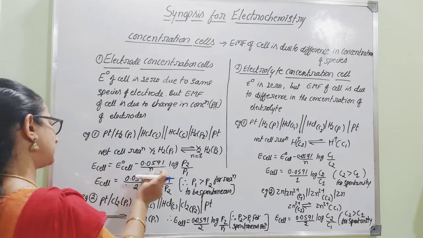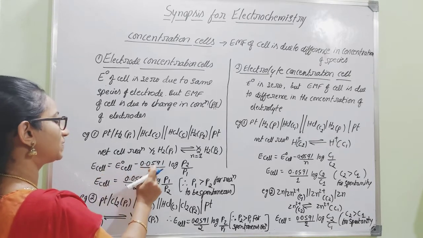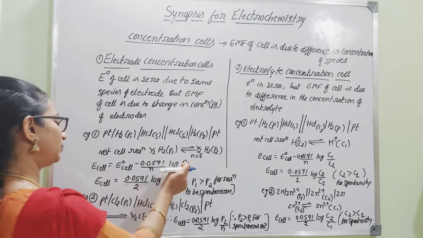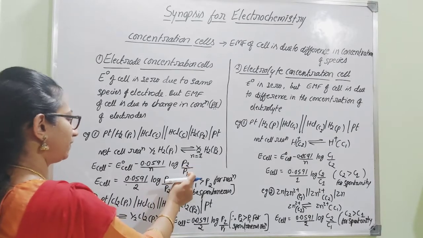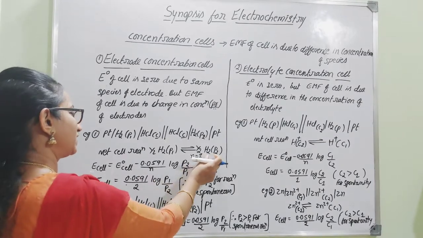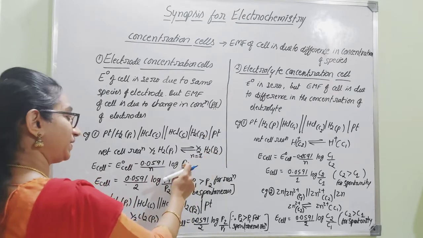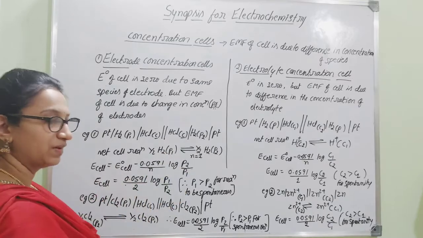If you write this equation, E cell is equal to E naught cell minus 0.0591 by n log of P2 by P1. Why do you write P2 by P1? Because we first consider the right-hand side, where the pressure is P2, and below we consider the left-hand side, that is P1.